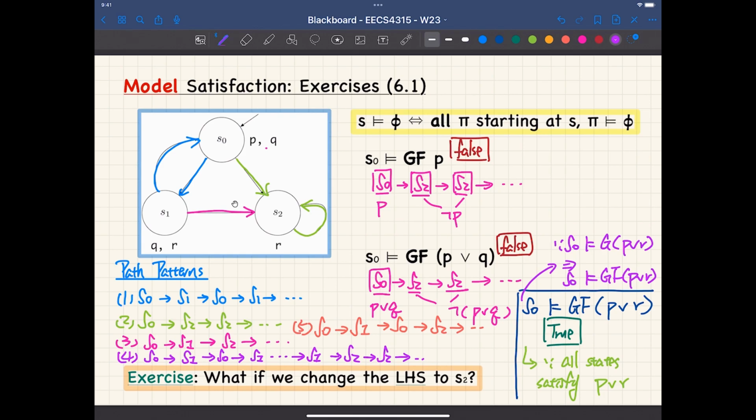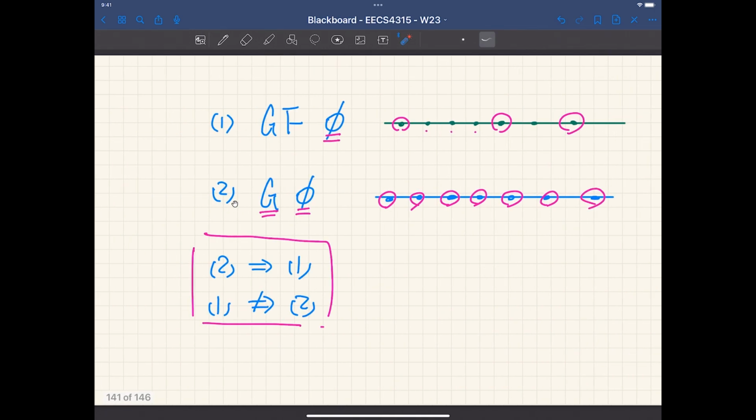So if you know that your model already satisfies this, you can conclude it definitely will satisfy this. Yes, because according to here, if I know that for every state it satisfies phi, of course, infinitely often it will satisfy.